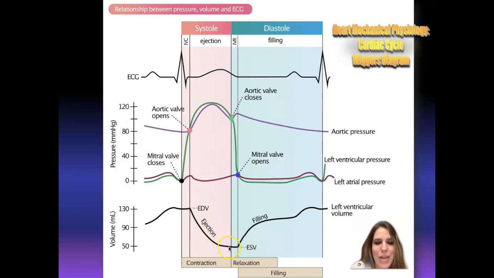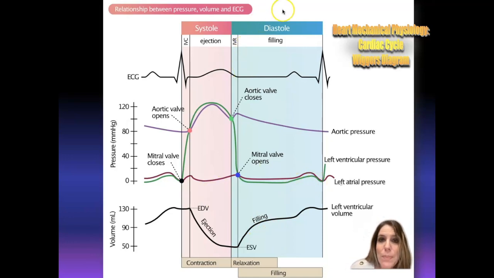Then during the isovolumetric relaxation phase, you don't get a change in that volume because the volume stays the same, and so you get a flat line there. So in both isovolumetric phases, contraction and relaxation, the volume doesn't change, and the graph looks flat. So that's for volume. Now let's take a closer look at what's happening with the pressure.